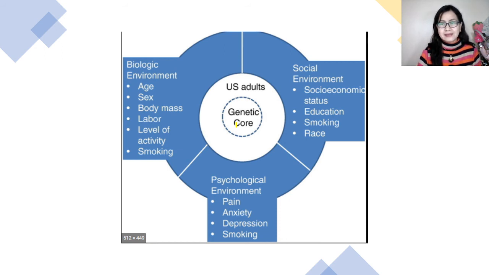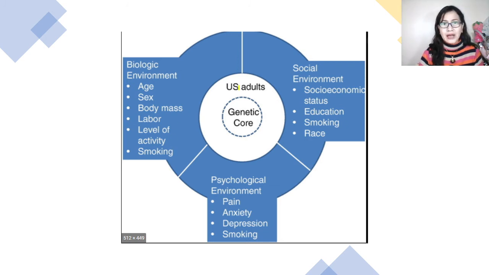But it says here that surrounding the host, there are three subdivided sectors that can be found in the environment. For example, you have the biologic environment, which comprises age, sex, body mass index, labor or type of occupation. How about the level of activity, even smoking.